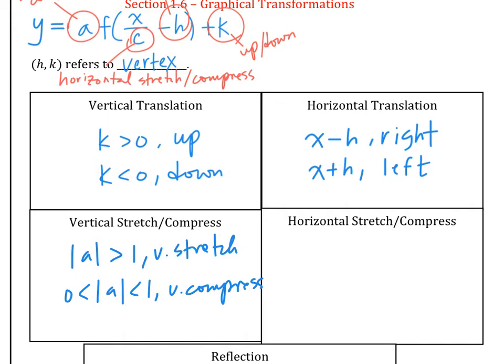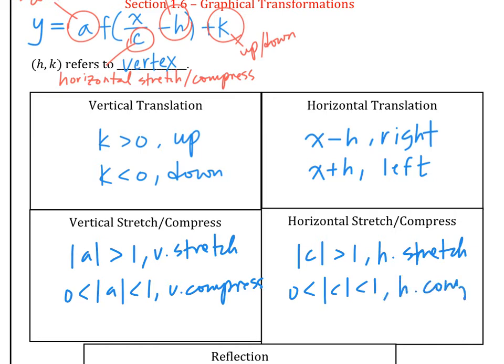Okay, horizontal stretch and compress is the same. It's actually going to be C. And then if that number is bigger than 1, it's going to be horizontal stretch. When that number is in between 0 and 1, it's going to be horizontal compress.